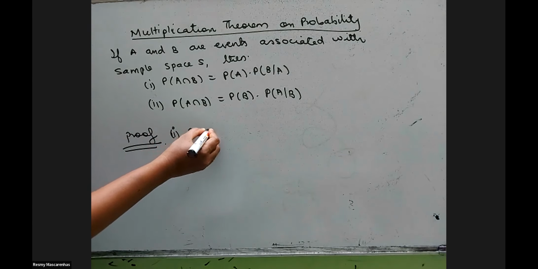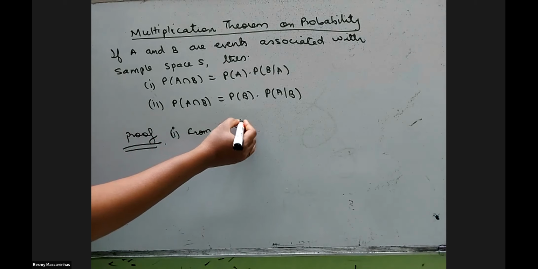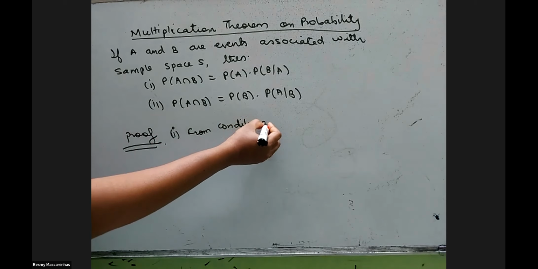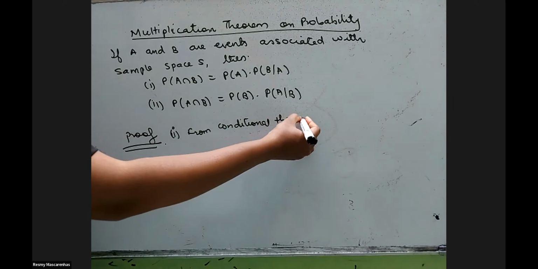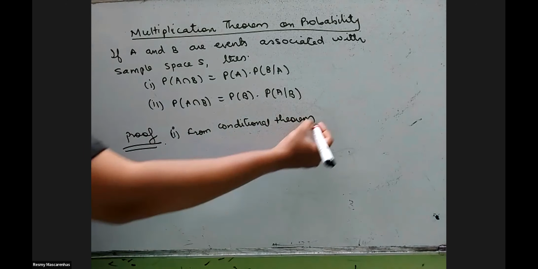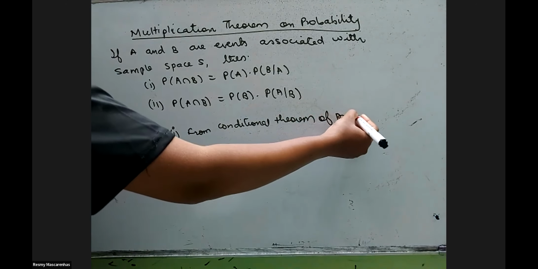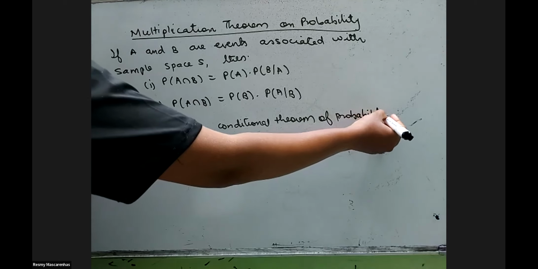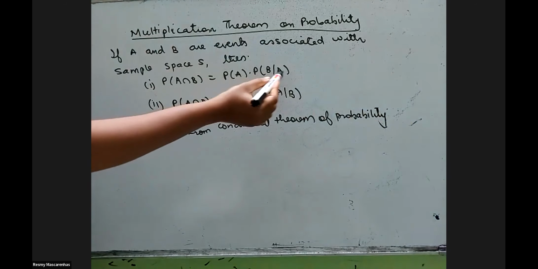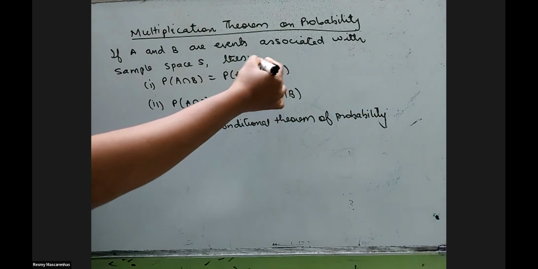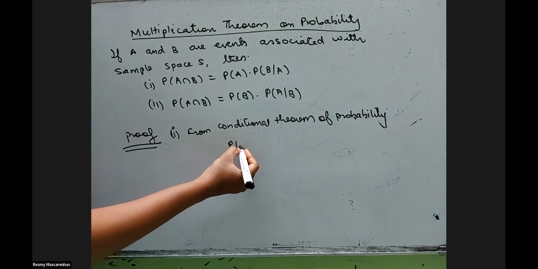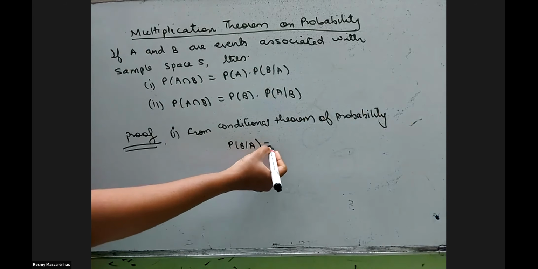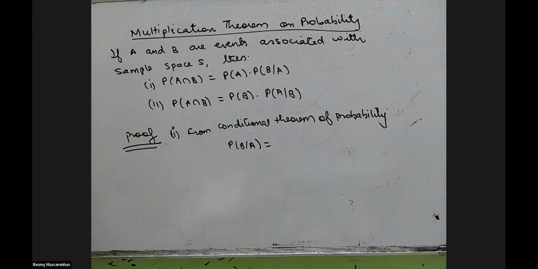From the conditional theorem of probability, we have to remember the conditional formula. What are we trying to prove? We are using this, so start with this formula. What is P of B upon A? We have studied just now. I've given you the conditional theorem of probability.